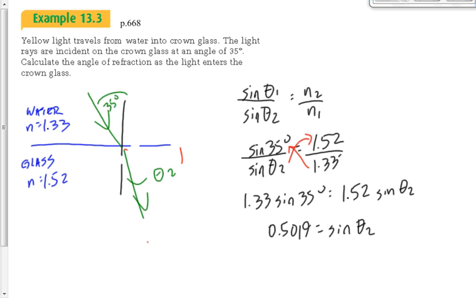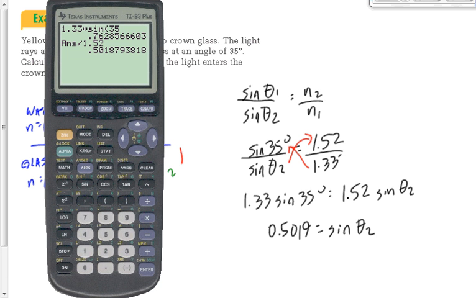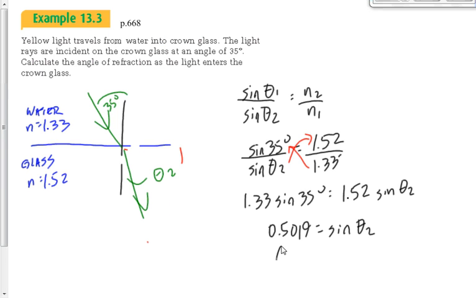Yeah, the inverse sine. We're going to say second function sine of whatever we just got, 30.1 degrees. Is that smaller than 35? Probably did it right then, right? Probably did it right, because we know that theta 2 has got to be smaller because v is smaller. v is smaller because n is bigger. Got it?